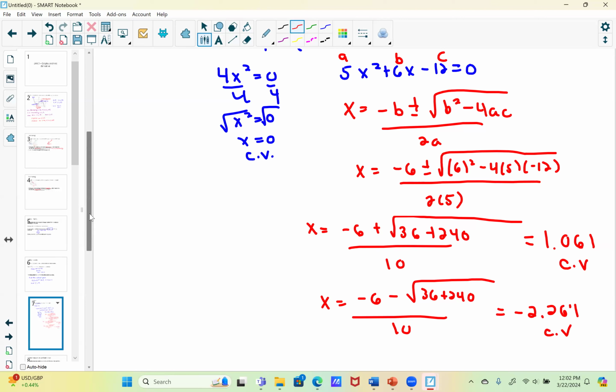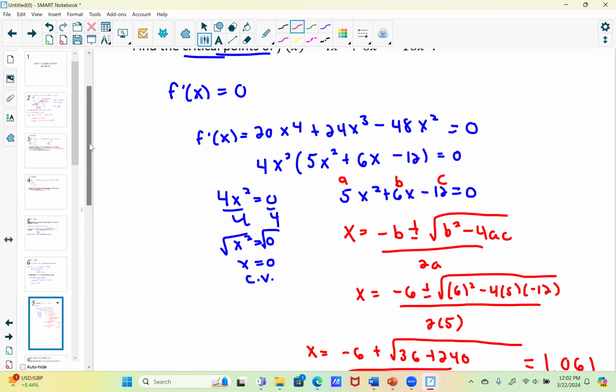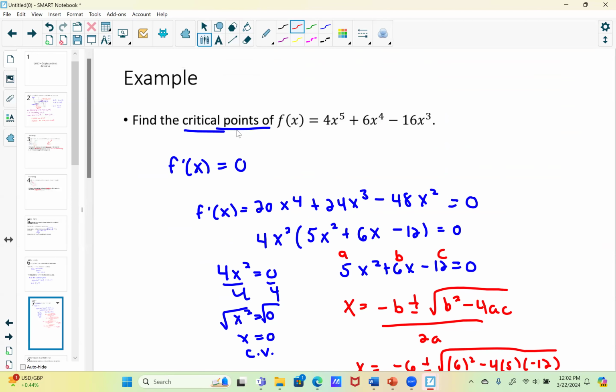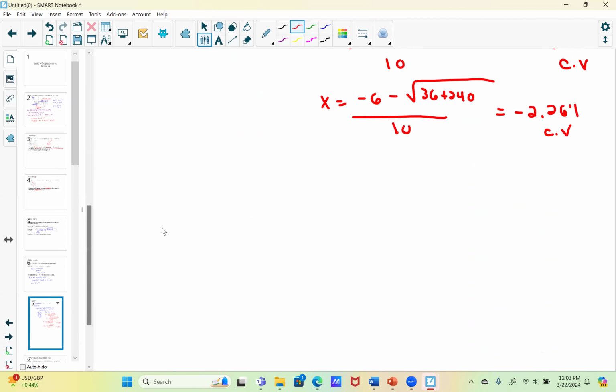The question asked for the critical points. Just go back, okay? So a critical point is a point, which is x, y. So I need to find the y values for each. I'm just going to write my function here so I don't have to keep scrolling up again. Okay, so this is my original.